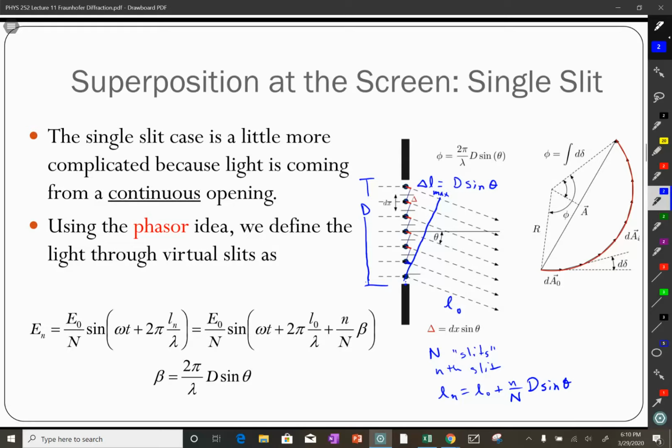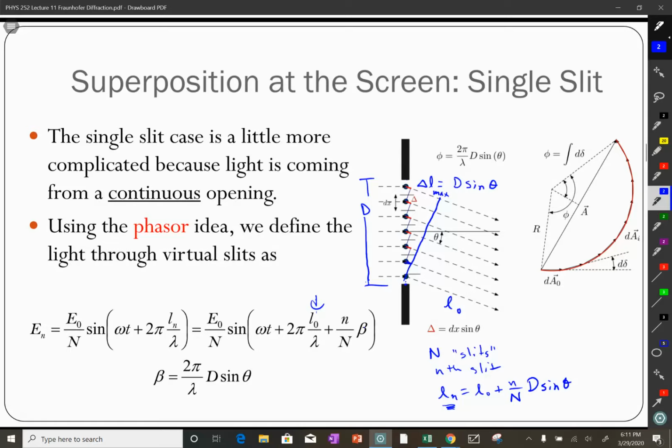And so if I put that into an equation, the electric field for the nth slit is the total electric field that comes through this entire slit divided by capital N, the total number of slits, and then sine of omega t plus 2 pi L for that slit over lambda. But then substituting what L for that slit is, we have the L0 term right here, and then we have the lowercase n over capital N D sine theta here.